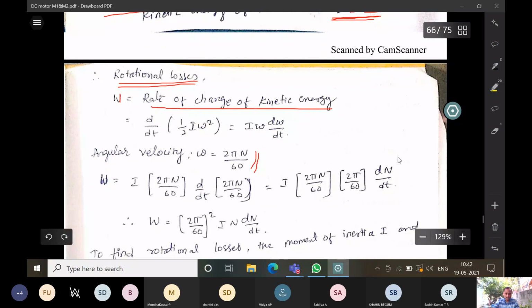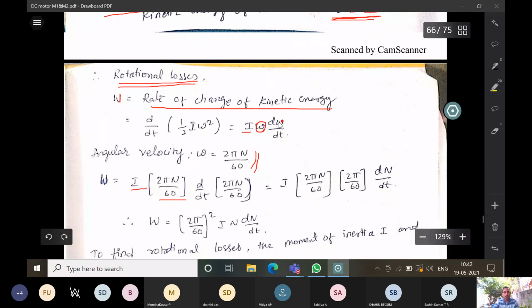Therefore W is equal to I into omega into d omega by dt, I is as it is, and in the place of omega put 2 pi N by 60, into d by dt of omega.